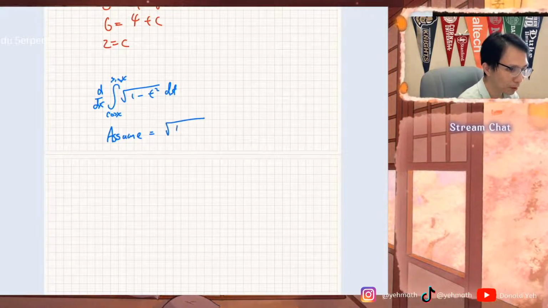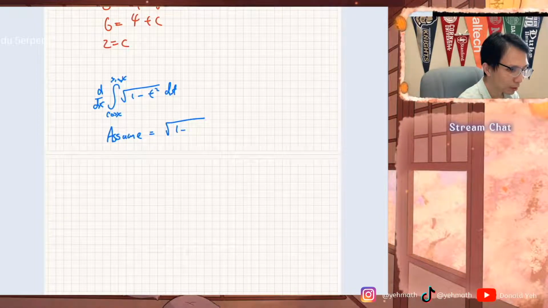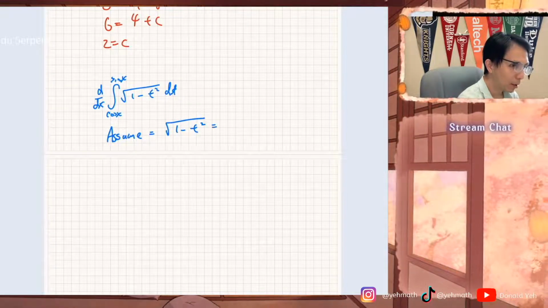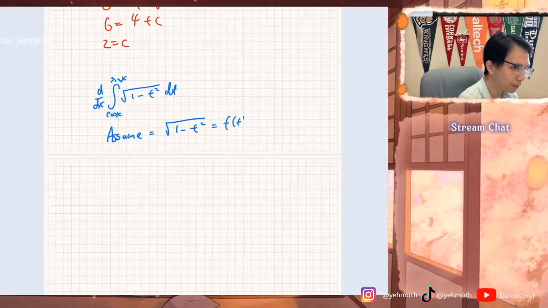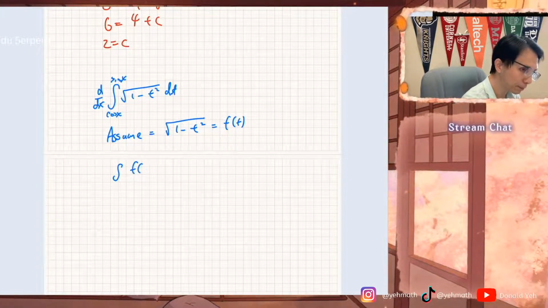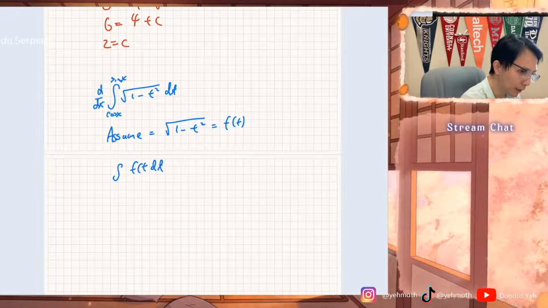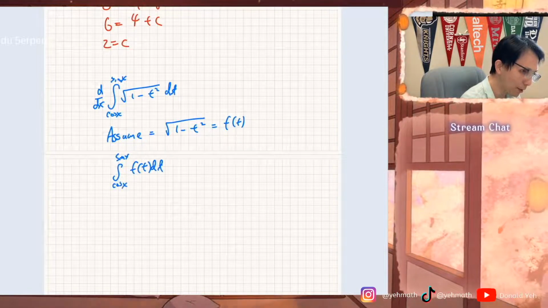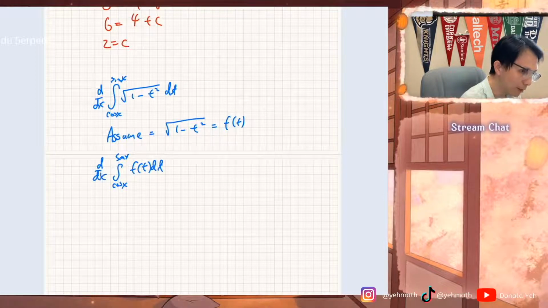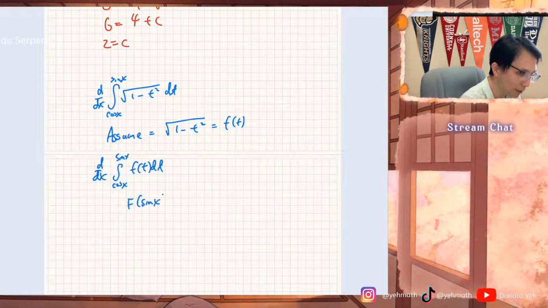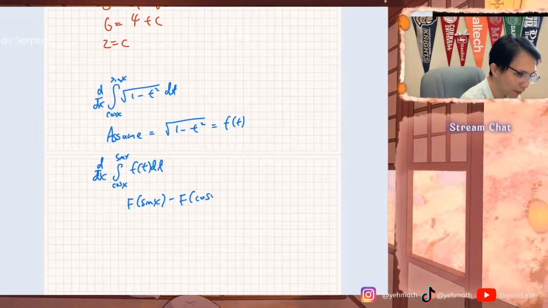Okay, start with assume. Assume a function f of t. So the integration of f of t dt between sine of x and cosine of x, with respect to x, is equal to F of sine of x minus F of cosine of x.